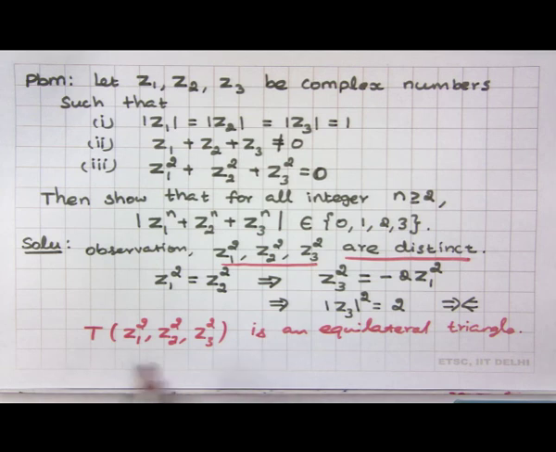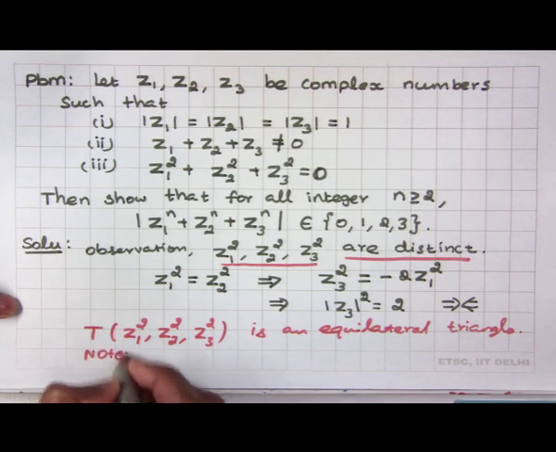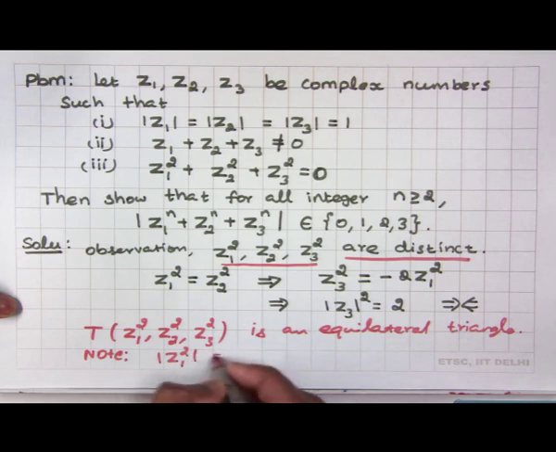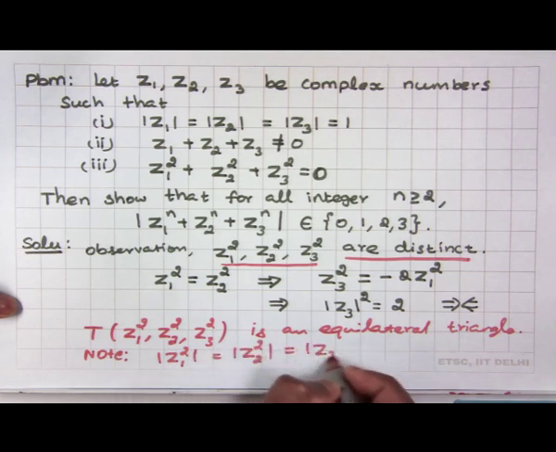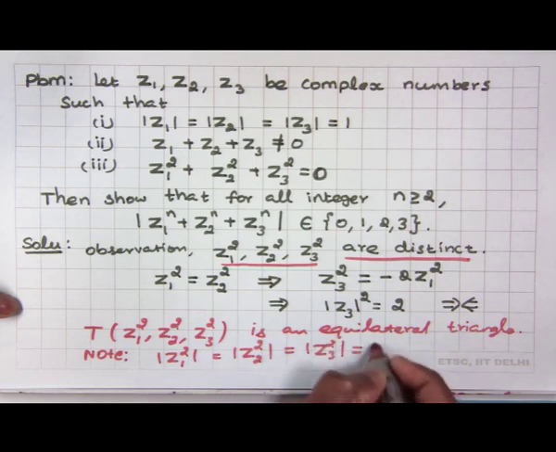And notice one more thing: the moduli of Z1 square, Z2 square, Z3 square are 1.